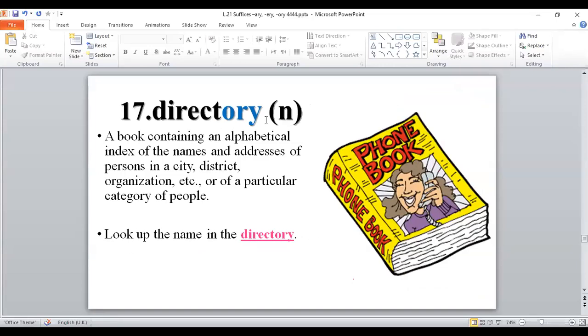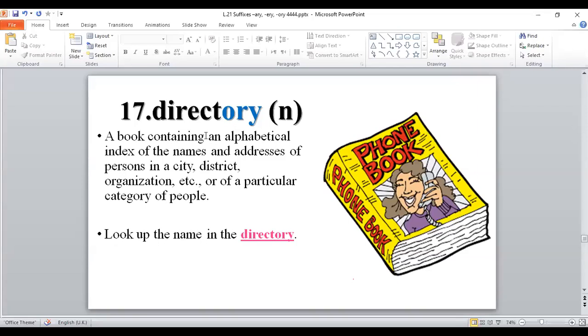Then directory. It comes from the word direct, then directory. Is there a sound clue to tell you to put e or a or o? Of course not. That's why we said that you have to memorize the word. Directory is a kind of book where you can find the names of persons.